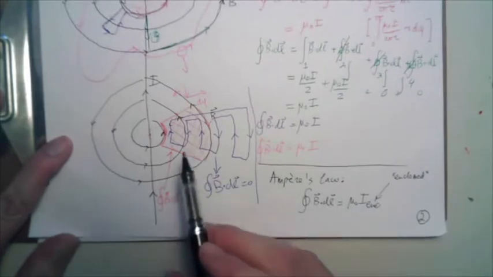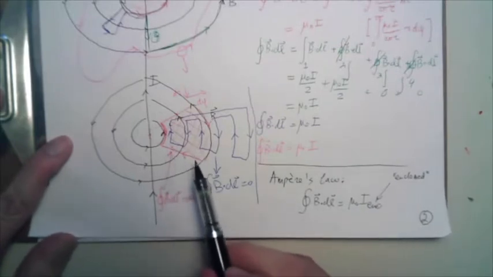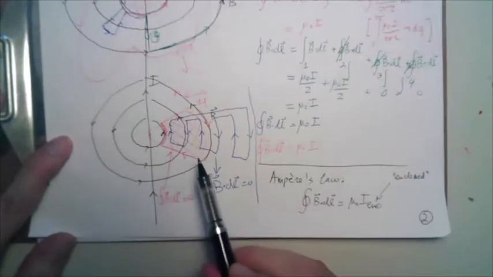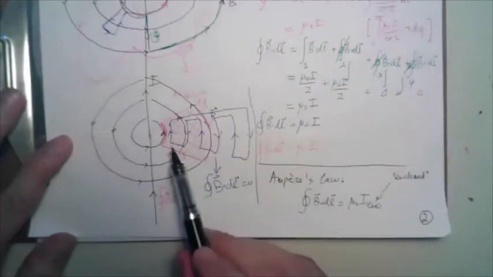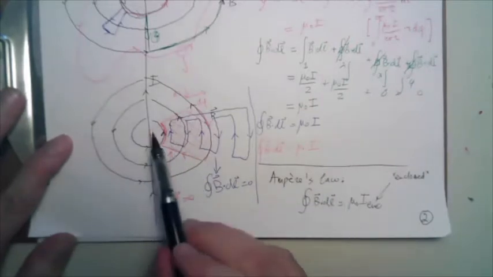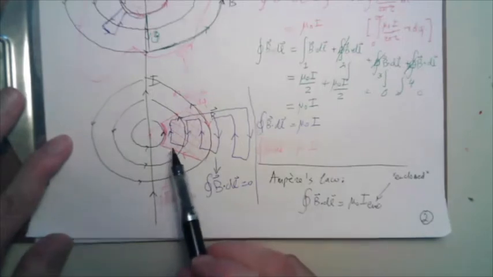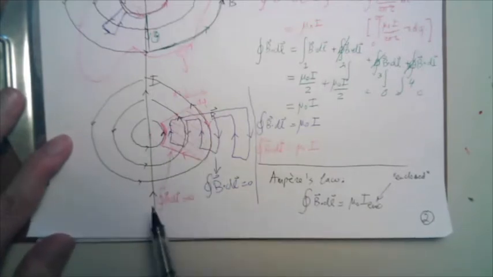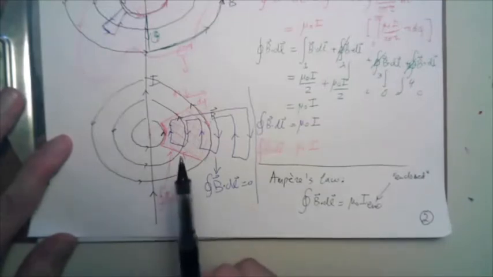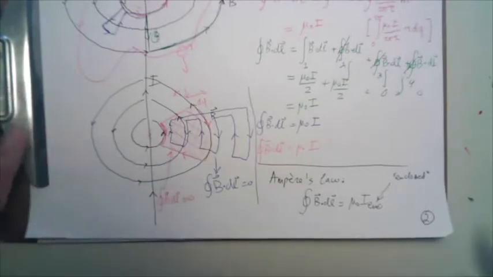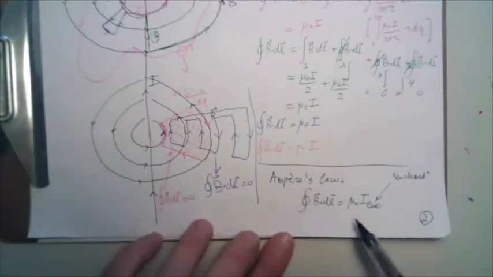In Gauss's law, when the charge is inside our Gaussian surface, we have a non-zero flux, and in this case, if the current is enclosed, or encircled, if you want to think about it that way, by one of these paths, then we get mu naught I enclosed, and if not, it's just 0.